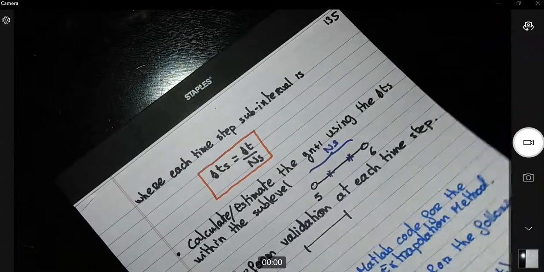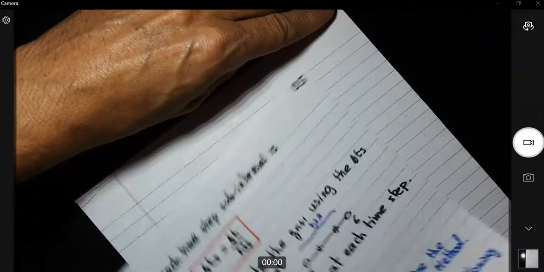So let me give you the exact solution. Page 136.